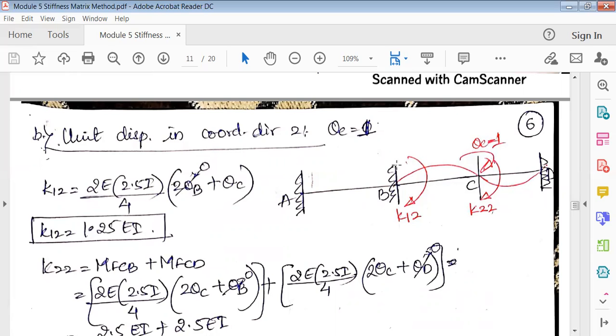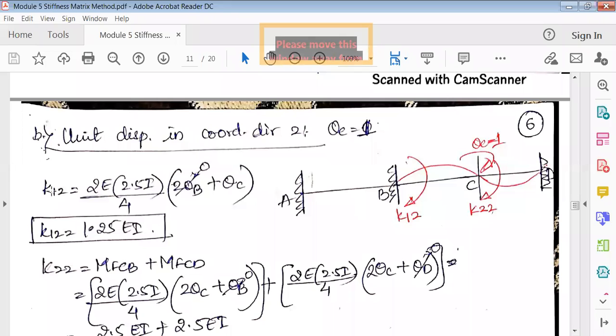Once you mark this, this is coordinate direction 1, K1, K2. The first direction is K1, K2. Then you are applying the rotation theta C equal to 1 in the second coordinate direction, so you have to put this as 2 and 2. Once you put 2 and 2, you get K12, K22.